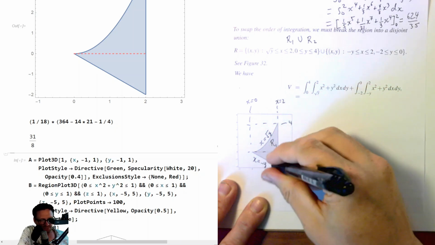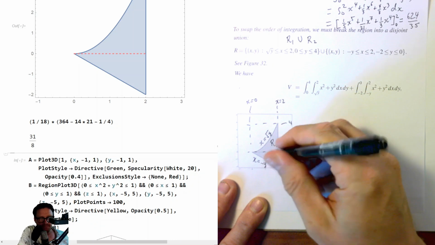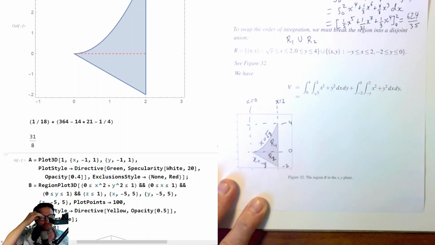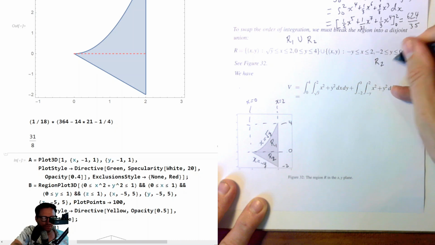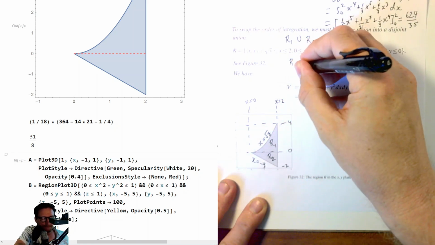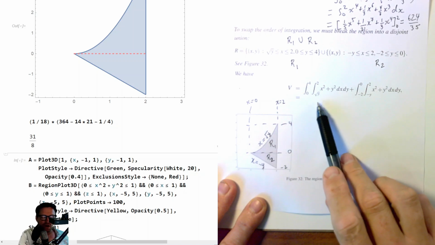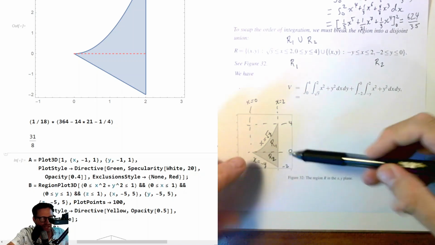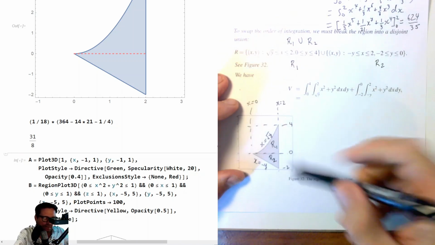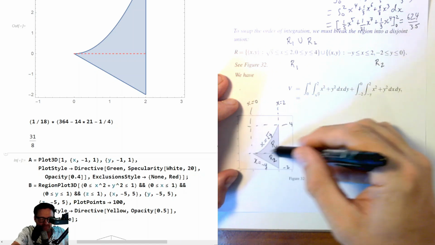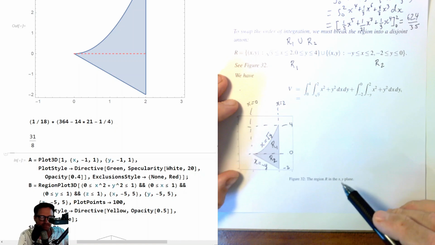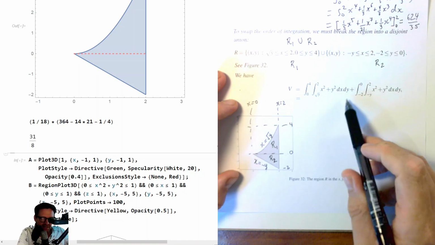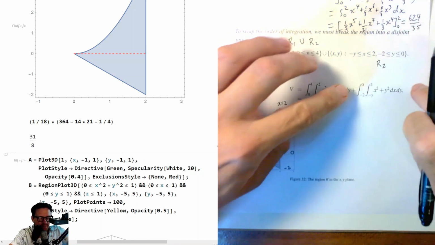I should call that R2, rather than R1. Okay, so here is R2, this is R1. And so writing this the other way, what we're doing is calculating this volume and adding those together. So this is what it looks like, and then plus this.